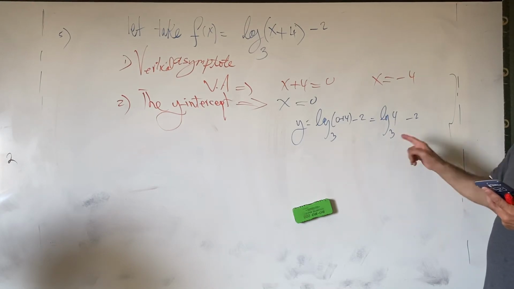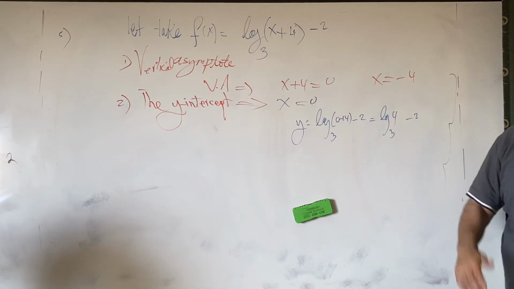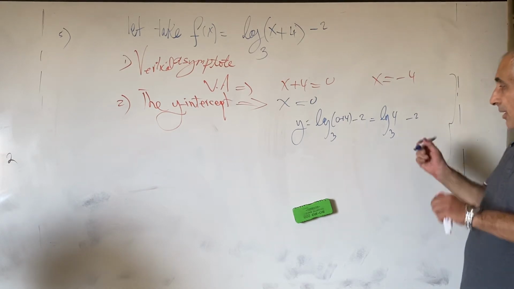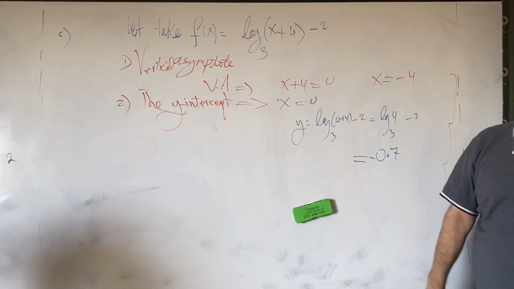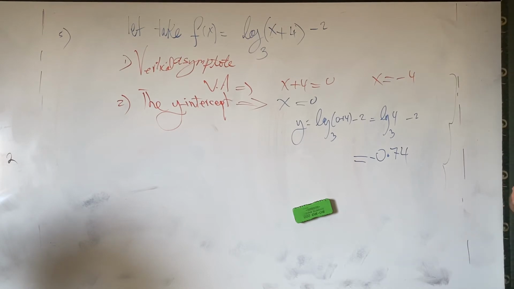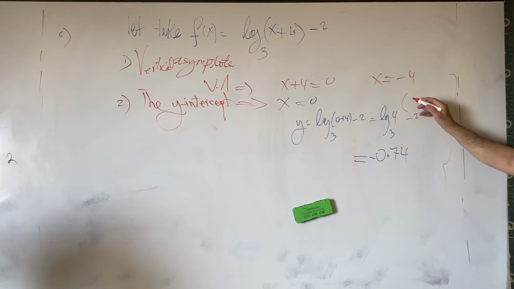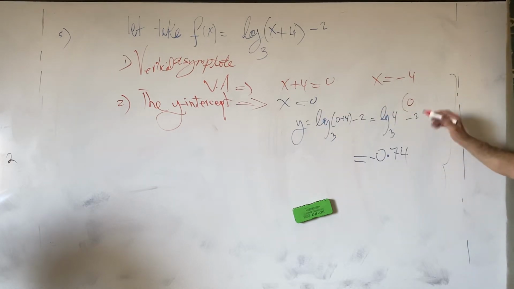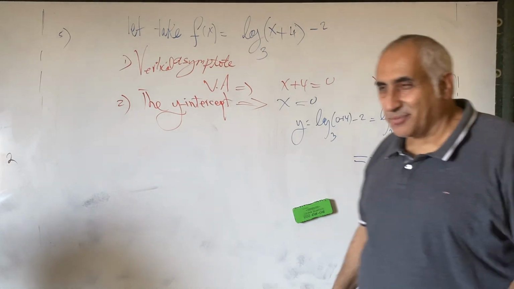So log 4 to base 3, and all of it minus 2. Wow, minus 0.7, blah, blah. So the answer is negative 0.7381. Let's say 0.74. So your coordinates in this case are, I said 0 for the x, and that's the y, negative 0.74.